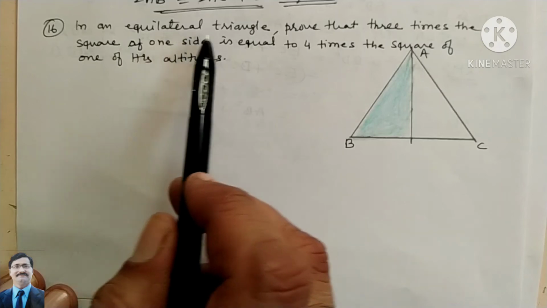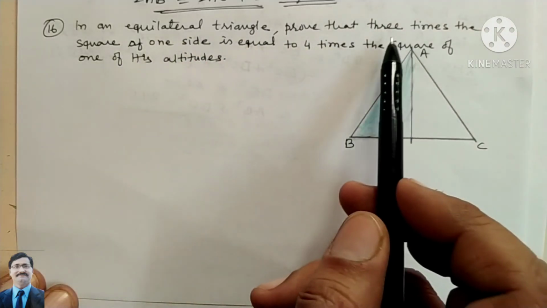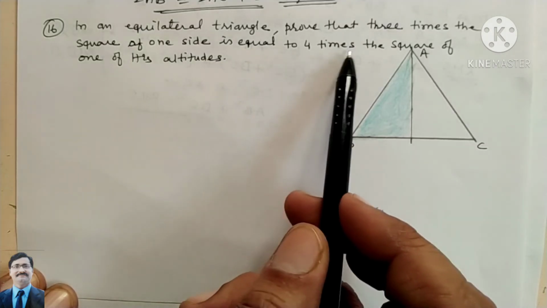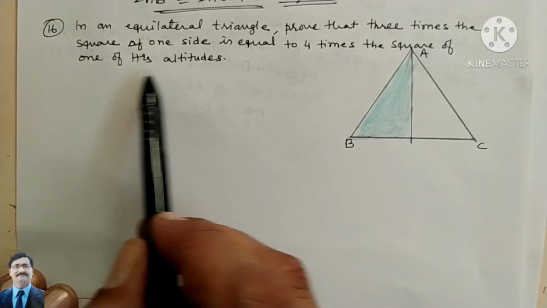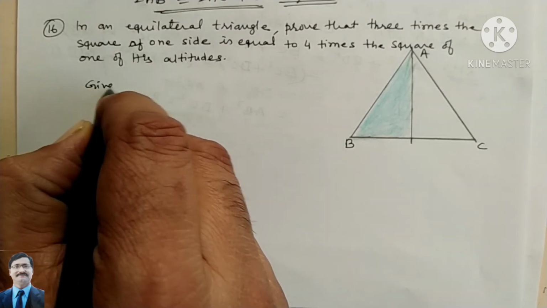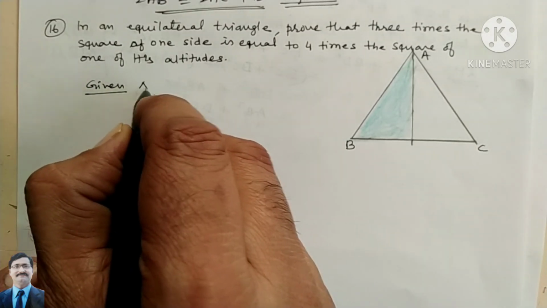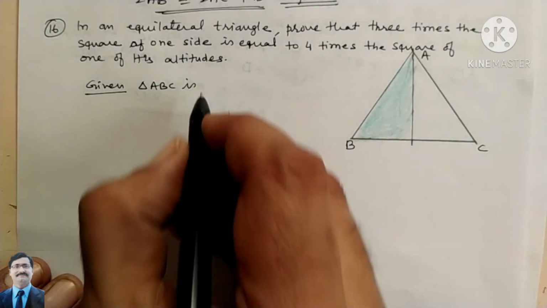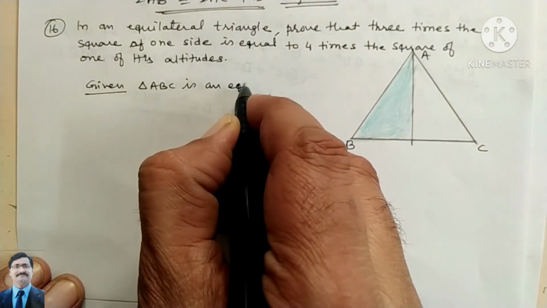In an equilateral triangle, prove that 3 times the square of one side is equal to 4 times the square of its altitude. So look here, given that triangle ABC is an equilateral triangle.